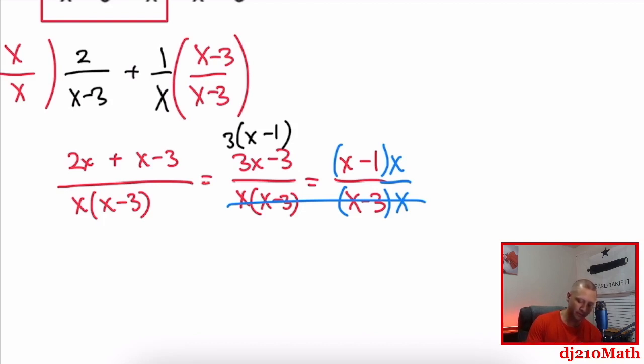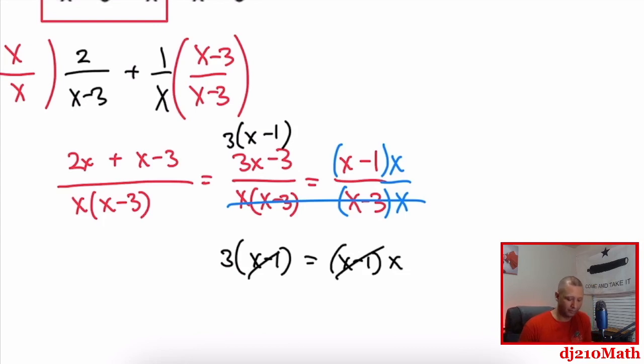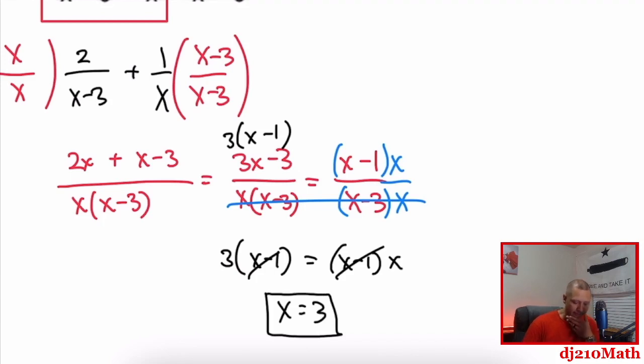So what this is saying is that 3 times x minus 1 is equal to x times x minus 1. If I factor out the x minus 1, x equals 3. But I don't like the fact that we only get one answer.